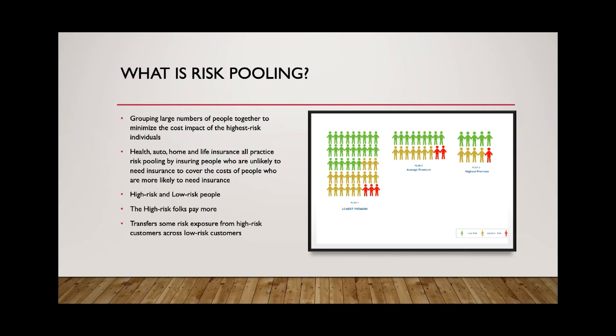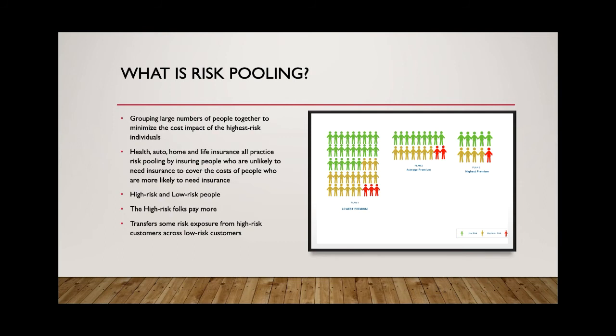And you can see in the bullet points here that, to minimize the overall cost impact of the highest risk individuals in the group, health insurance, auto insurance, home insurance, and life insurance all practice some form of risk pooling by insuring people who are unlikely to need insurance to cover the costs of people who are more likely to eventually need to use the insurance.